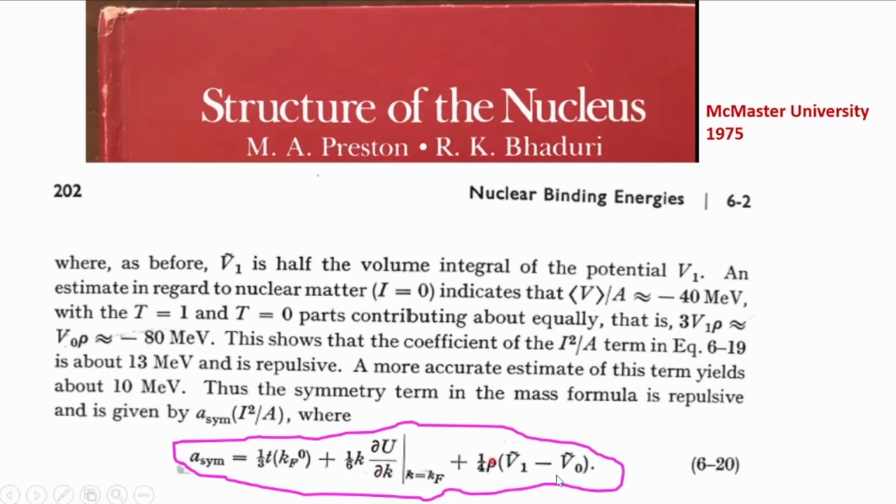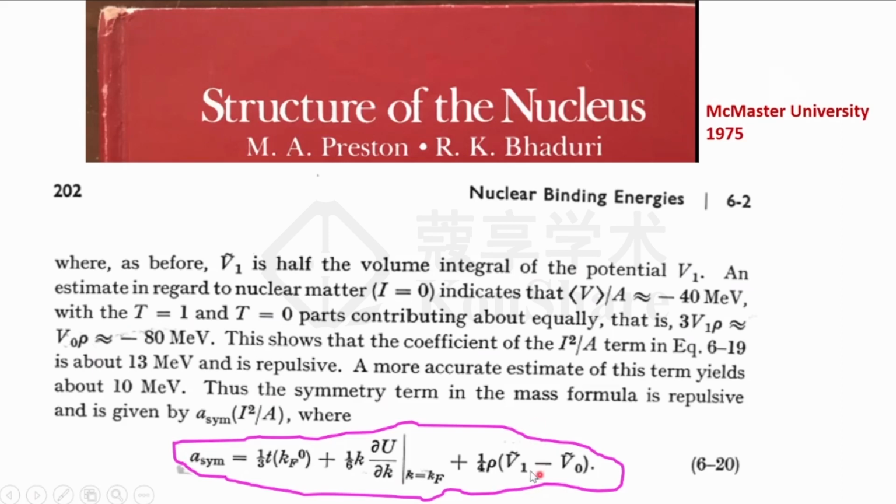The last term here is due to the isospin dependence of the strong interaction, where this V1 is the two-body volume average interaction in the isotriplet channel, and this V0 is the two-body interaction in the isosinglet channel. The difference here reflects the isospin dependence of the strong interaction.